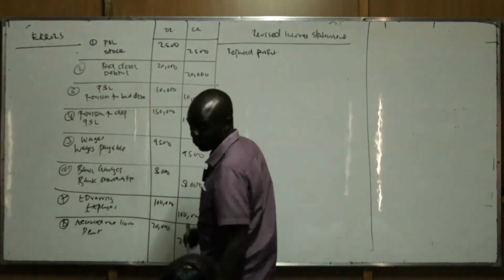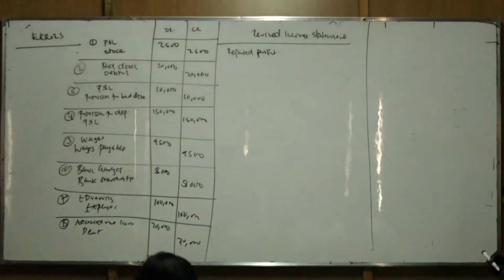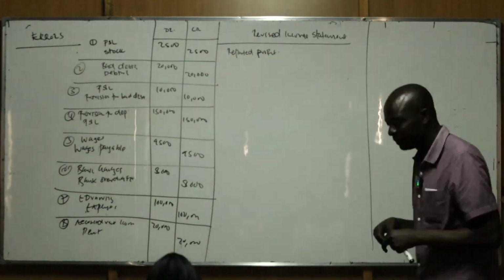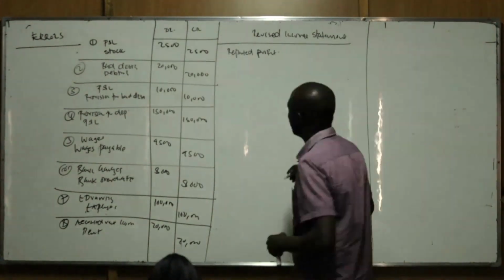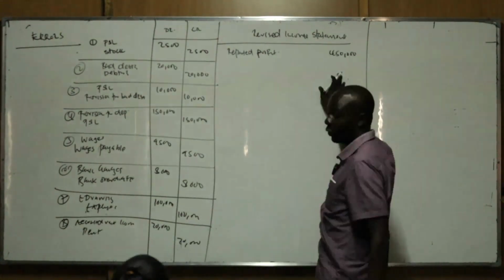The reported profit in the balance sheet, the one that was reported with the errors, how much was it? It was 450. So this is the reported profit.